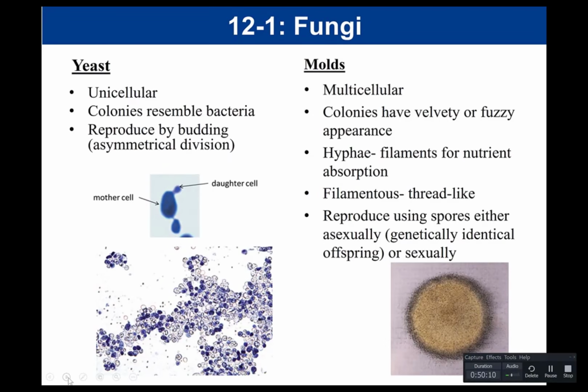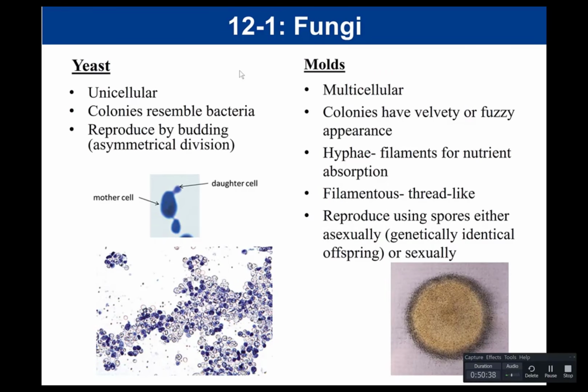You also want to be able to compare and contrast yeast and molds, right? And so yeast would be unicellular fungi, molds would be multicellular. When they grow on a plate, one of the things that's different is that the yeast look like bacteria. The colonies are very smooth, whereas the molds, the colonies have kind of a velvety or fuzzy appearance.